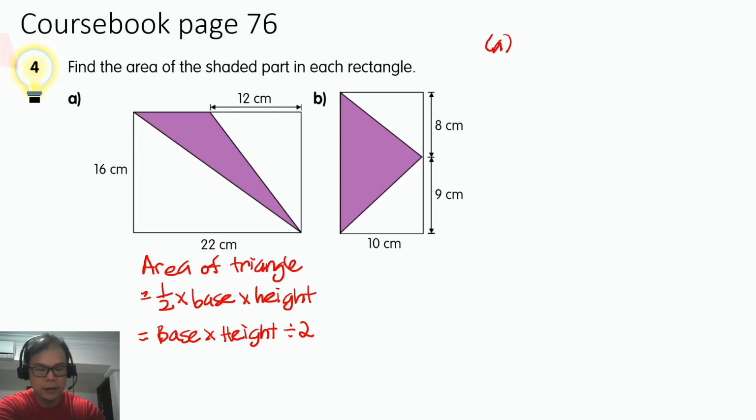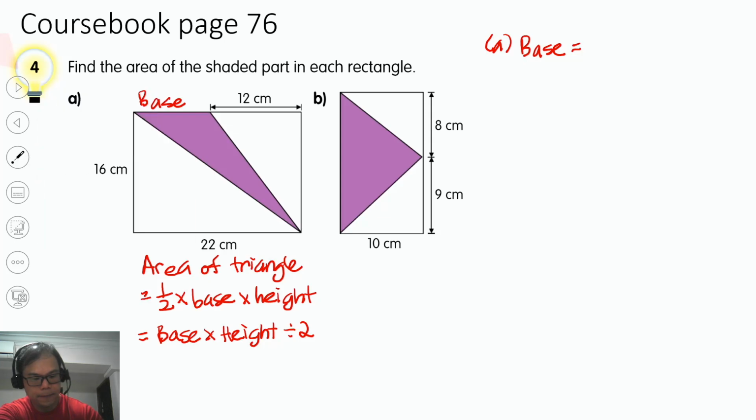So in this case, you have a triangle which is here. So what is the base? We choose this as the base of our triangle. Remember, the base of a triangle is one of the 3 sides of the triangle. So we take this as the base. Alright, so what is the base of this triangle? Okay, so you know that this is 22 centimeters.